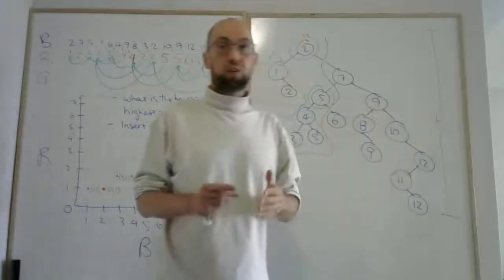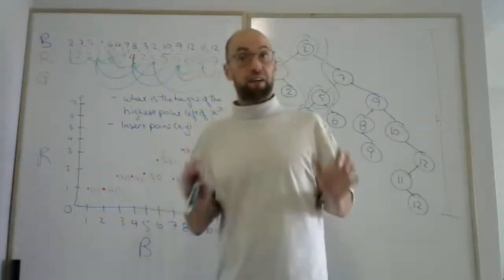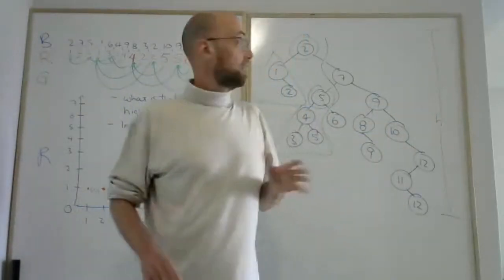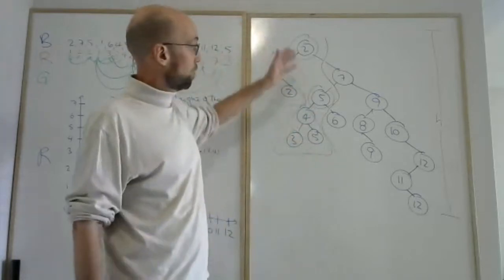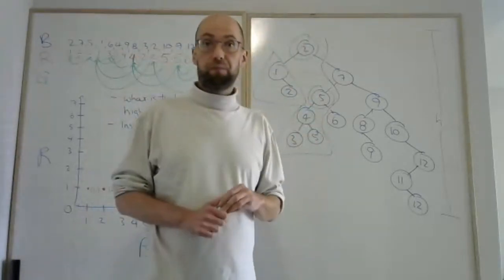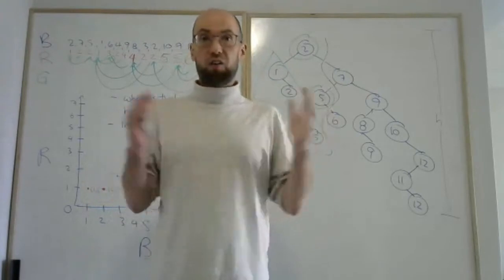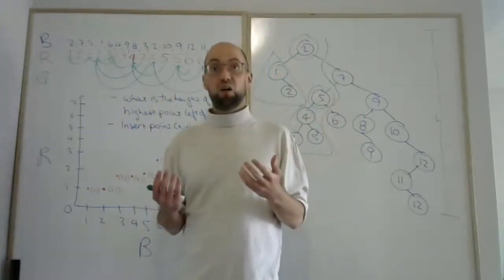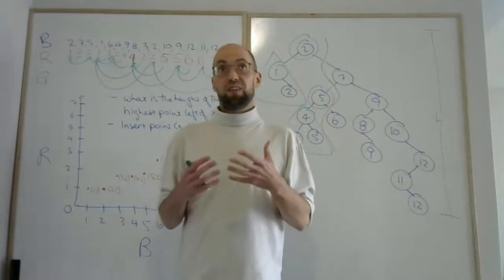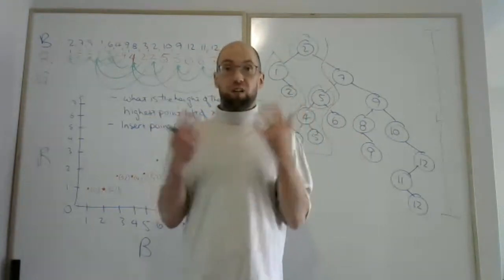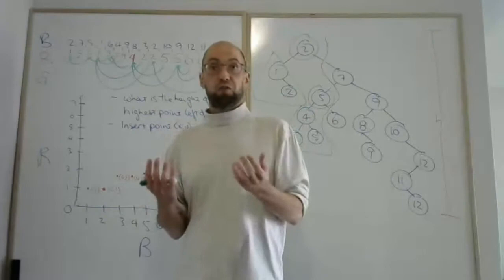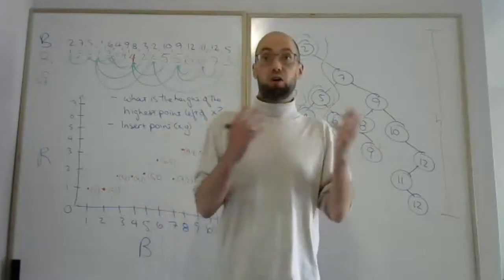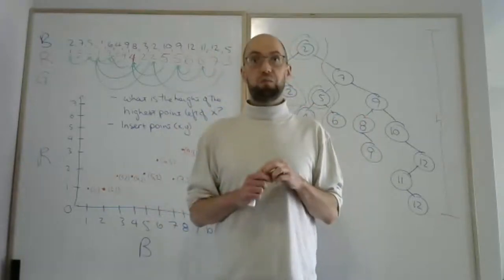So if h were somehow magically logarithmic all the time, then this would take logarithmic time to consider all the stuff which is less than 5. So given any key, we can enumerate a logarithmic number of subtrees and nodes such that together those are all the stuff that is less than or equal to that key.